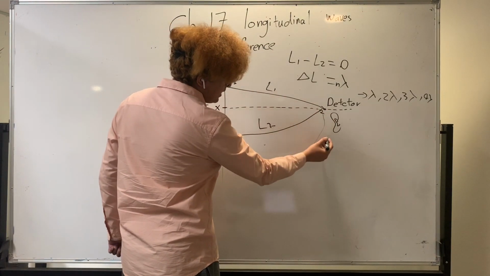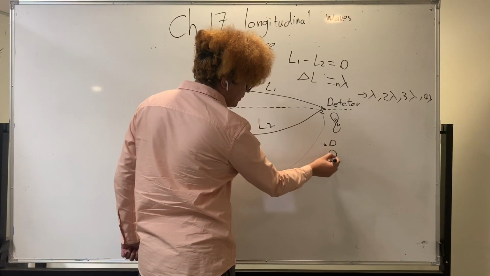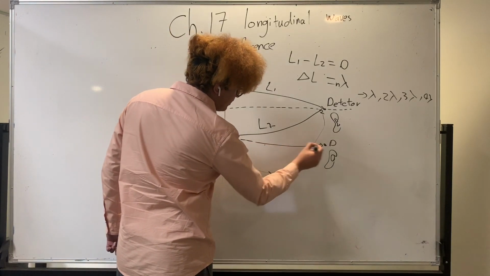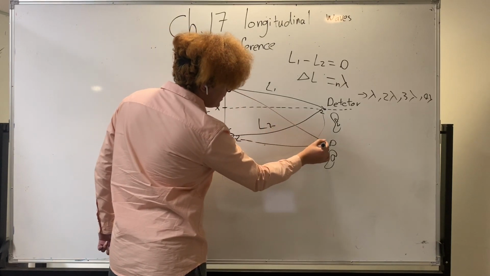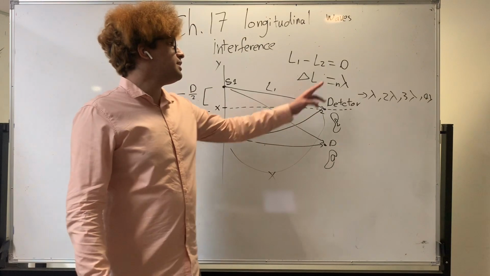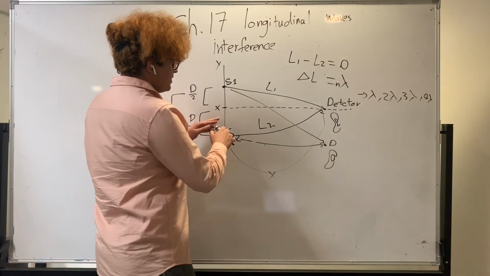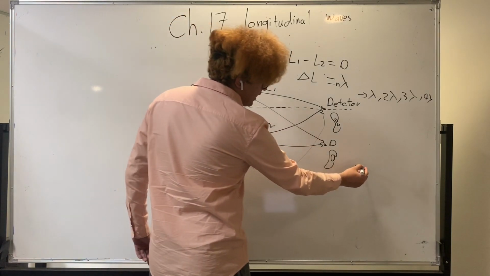So now imagine that the detector is actually here. This is the detector, another human ear. So the distances between source 2 and the detector, and source 1 and the detector, are not going to differ by 0 or any multiple of lambda. Actually, this distance from S1 is higher than this distance, so we're going to have some value here.